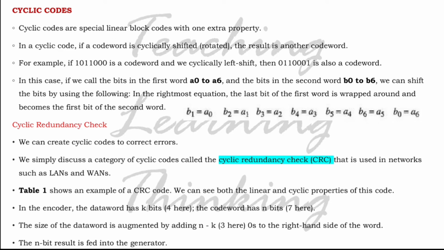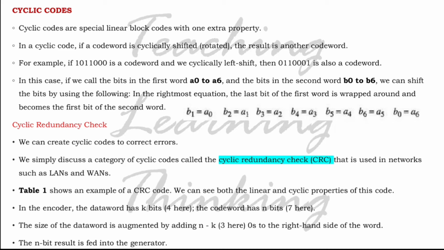In the rightmost equation, the last bit of the first word is wrapped around and becomes the first bit of the second word. So B1 equals A0, B2 equals A1, B3 equals A2, B4 equals A3, B5 equals A4, B6 equals A5, and B0 equals A6. So when it is left shifted, the bits are rotated one position in the second word.